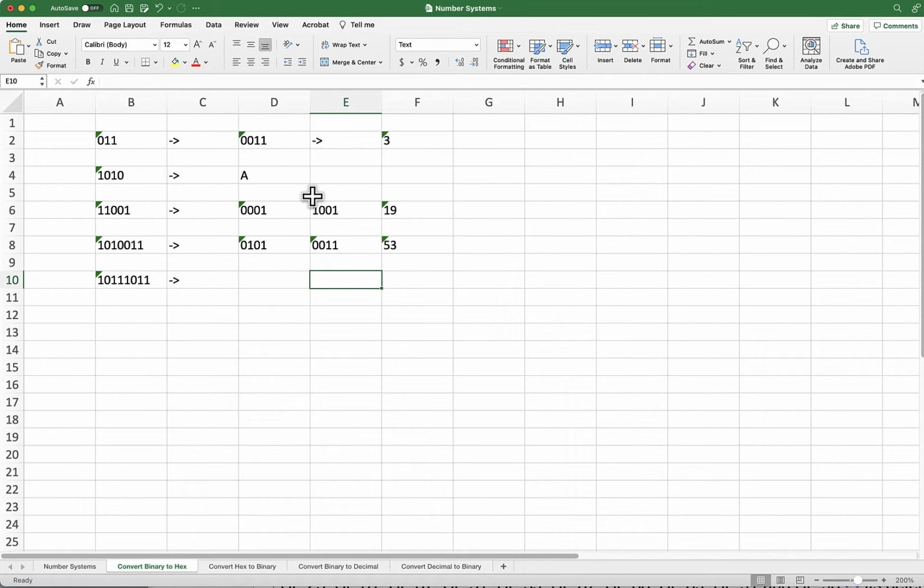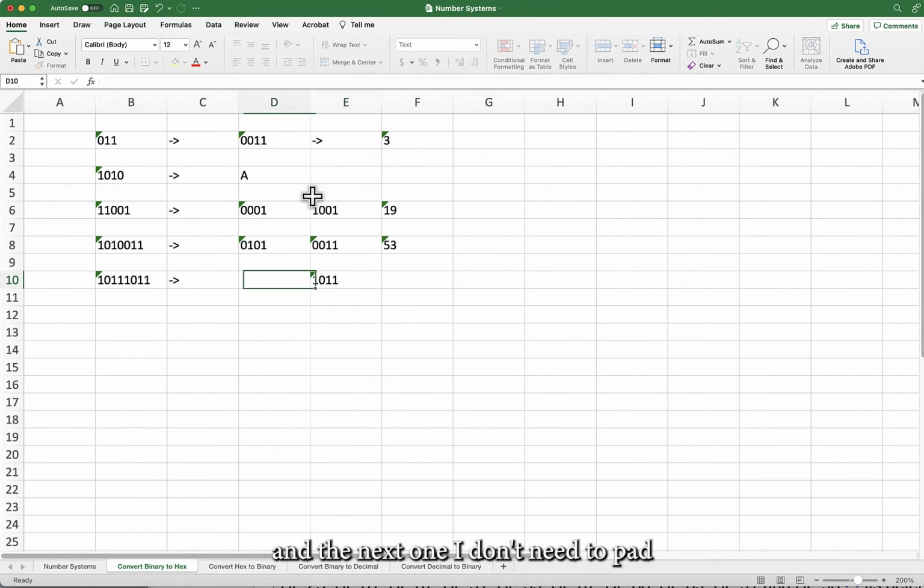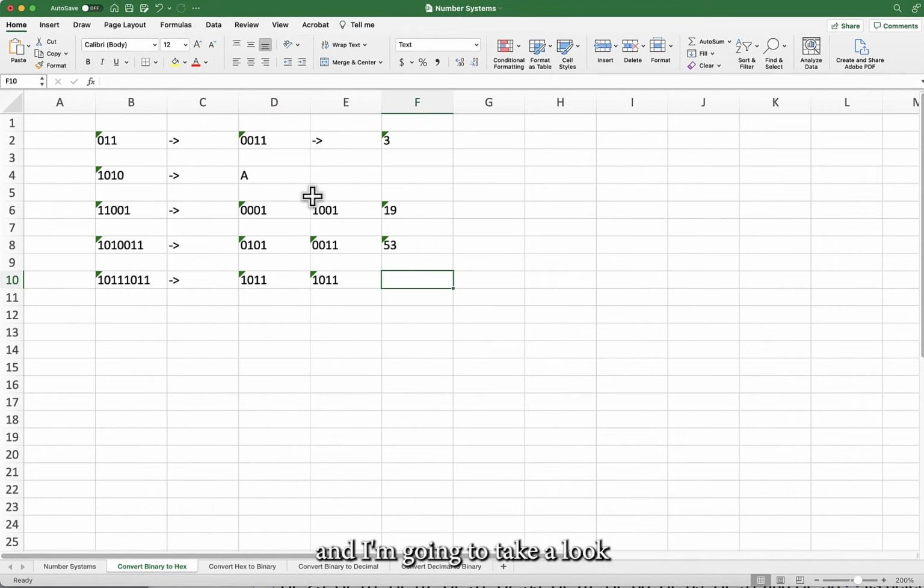So, I'm going to take those first 4 bits, and then the next one I don't need to pad because it is 4 bits, and I'm going to take a look at each of those 4 bits. 1, 0, 1, 1 is going to be a B for the first set and a B for the second set.